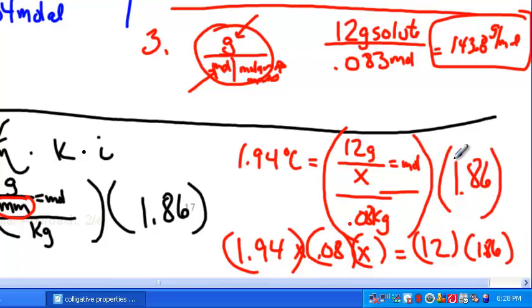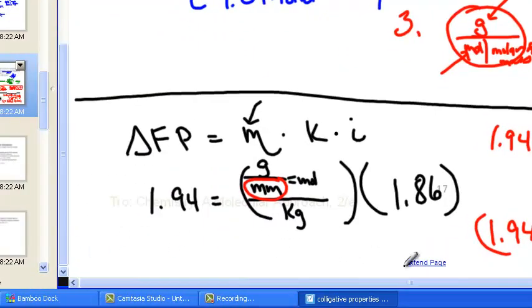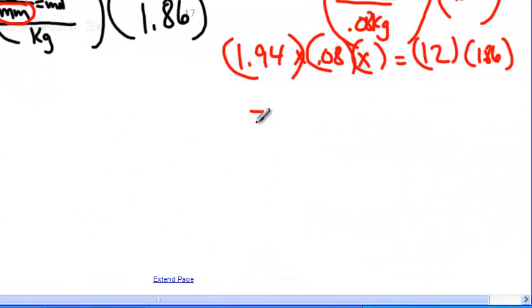These two end up on the right side and those end up on the left side. Depends on your algebra skills, how much algebra you want to play with. Three separate steps or all together, but I bet we get the same thing. I can hit 12 times 1.86 equals, divide by 1.94, divide by 0.08, 143.8. So I got it both ways. 143.8 in one big algebra sweep.